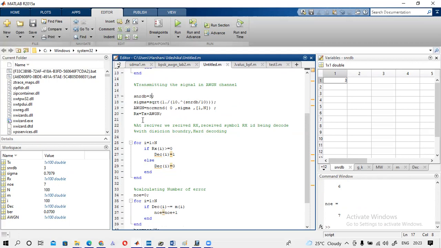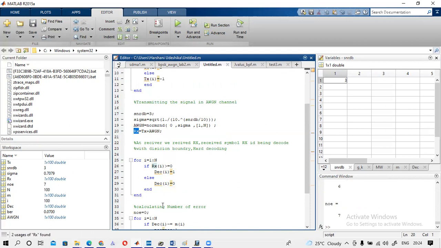When we change this SNRDB value, the bit error changes. This SNRDB value changes the power of the AWGN, and it changes the impact on the received signal, so our decision may be wrong. So there can be some error bits, and that is what is happening now.